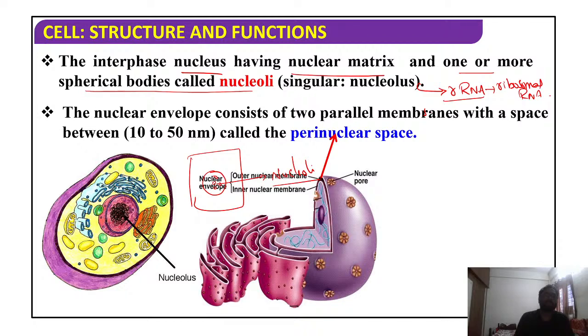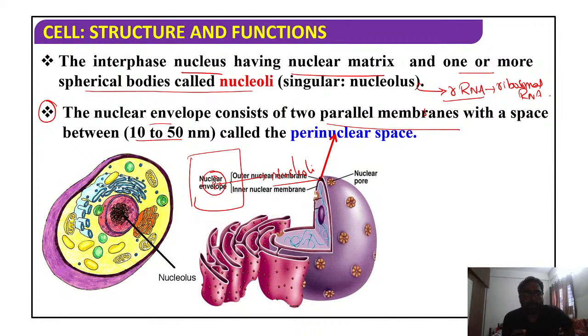Now students, coming to the nuclear envelope: it consists of two parallel membranes with a space between them. What is the space here? 10 to 50 nanometers, which we call the perinuclear space. As I told you in the beginning of my session, the nucleus is surrounded by two membranes.